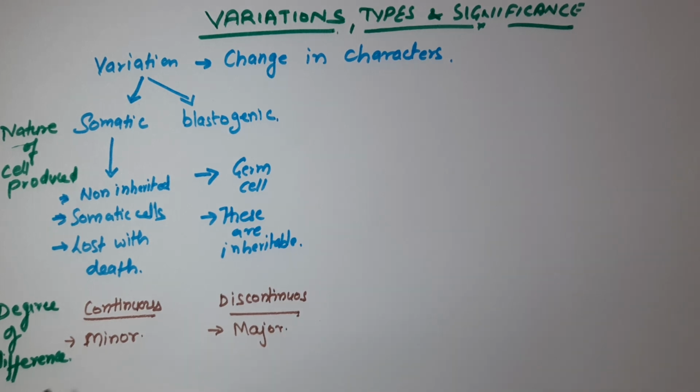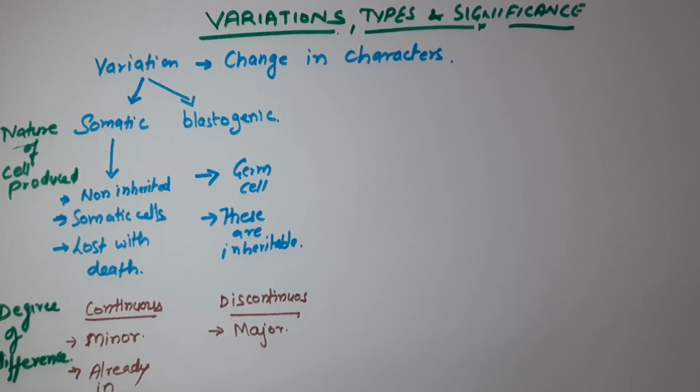Since the continuous variations are very minor changes occurring in the normal condition, they are already present in the population.